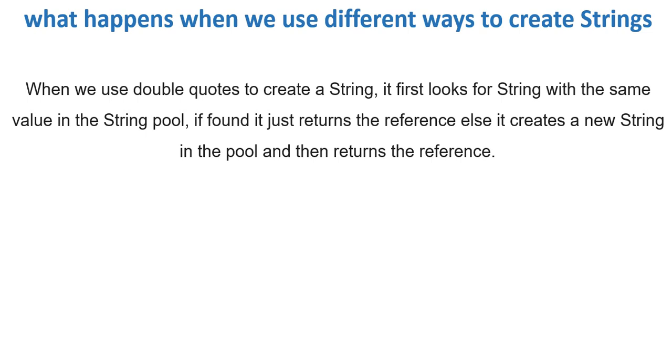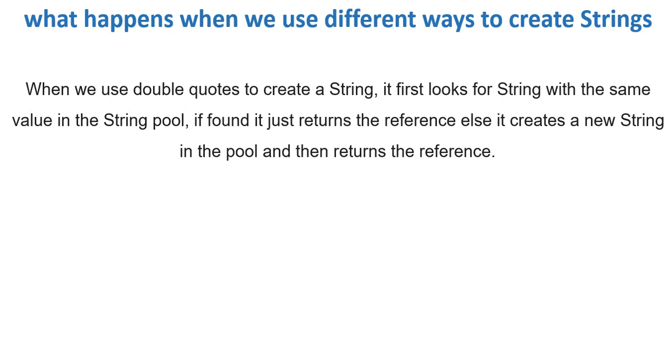If we have it, we don't need to recreate the same string. We just get the reference of that string and then we return it. So the value that we retain is the reference of the already existing string value. So here we say if the string is found, it retains the reference.